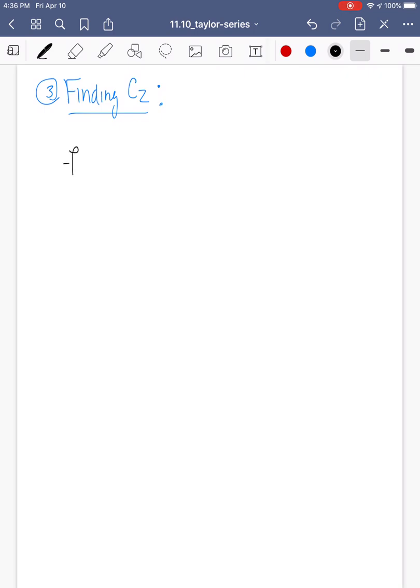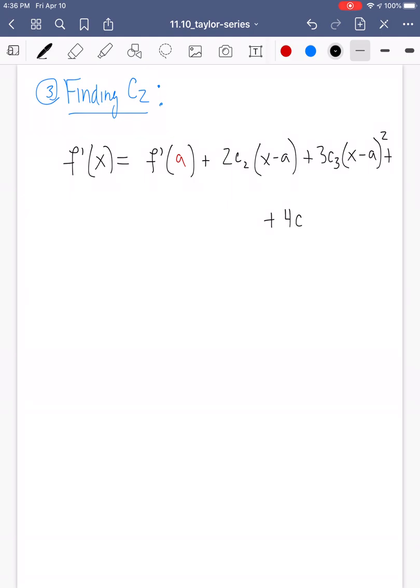Again, we're just going to skip right to the first derivative of our general power series, which is C1, which we found to be f prime at a, plus 2 C2 times (x minus a) plus 3 c3 times (x minus a) squared, and so on. I'm in fact going to write the next term, which is 4 times c4 times (x minus a) cubed.